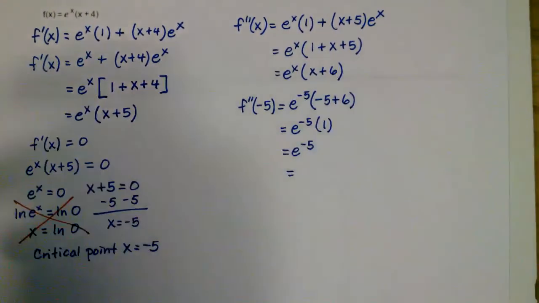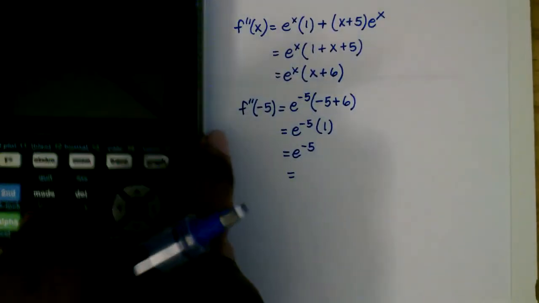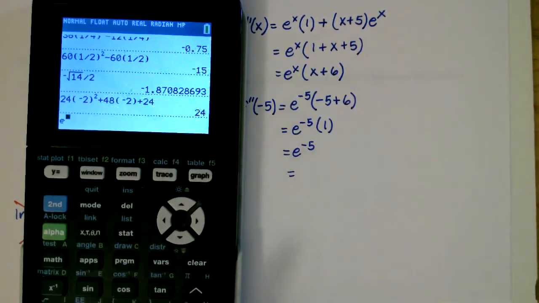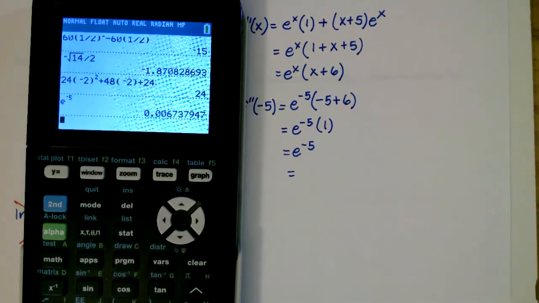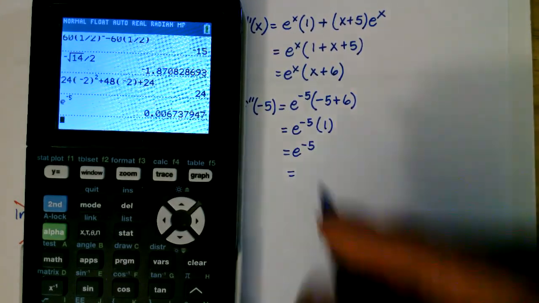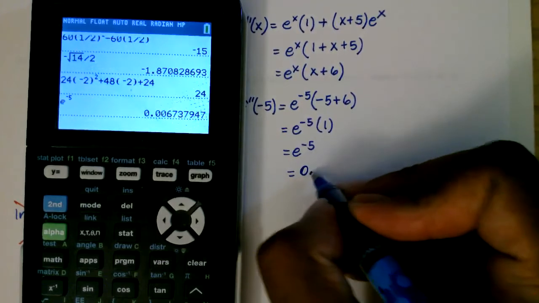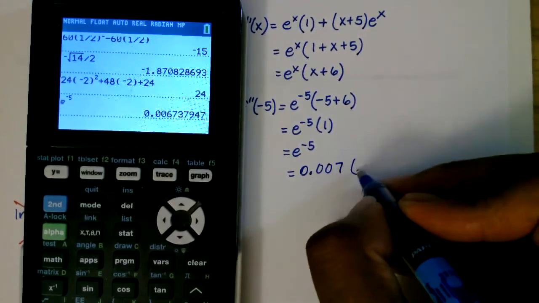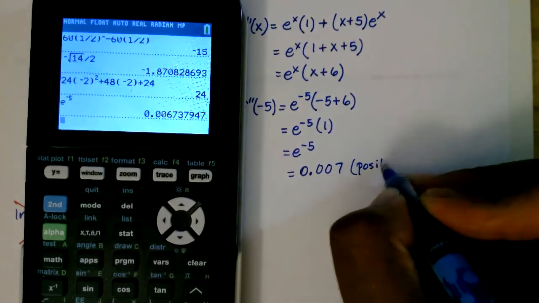If you take that as a decimal, I'm going to get a positive value. This is going to be that answer to 3 decimal places, 0.007, which is positive.